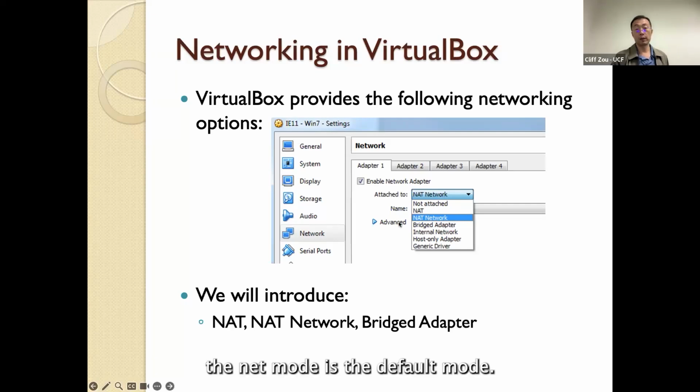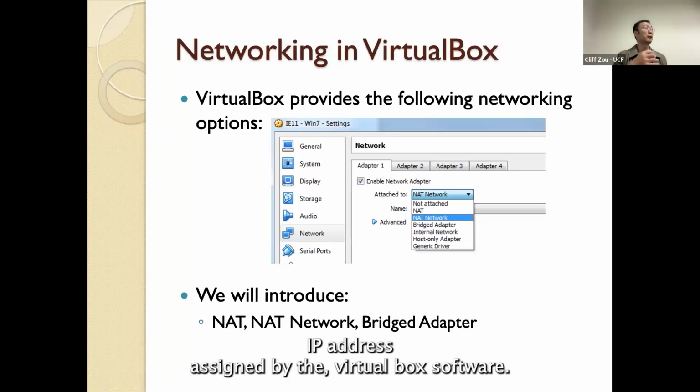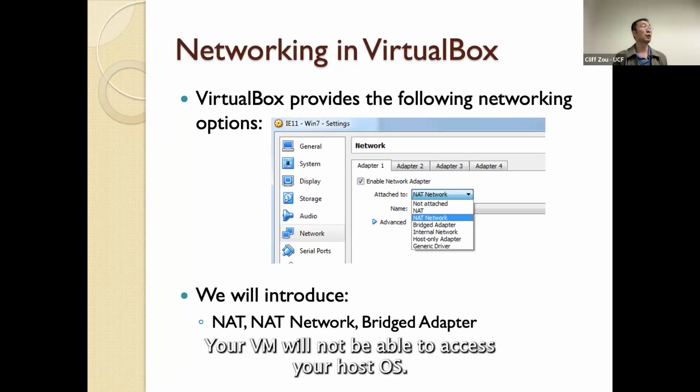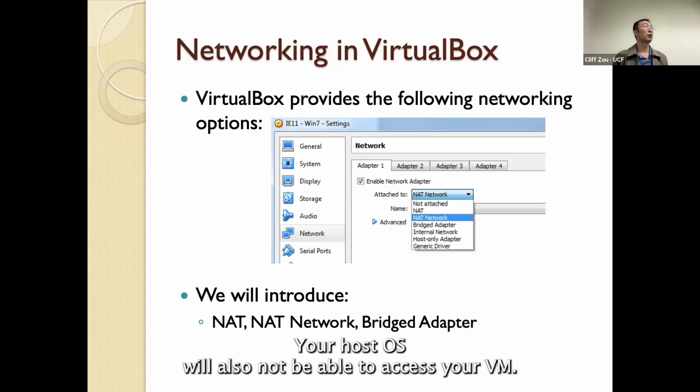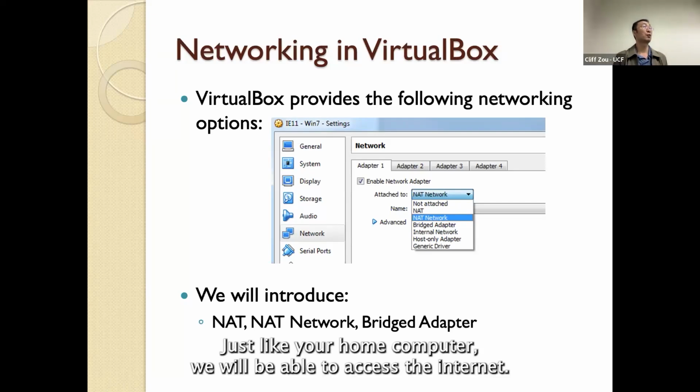The NAT mode is the default mode. It just means your virtual machine will have a private IP address assigned by the VirtualBox software. Your VM will not be able to access your host OS, and your host OS will also not be able to access your VM. They are isolated, but your VM will be able to access the internet, just like your home computer.